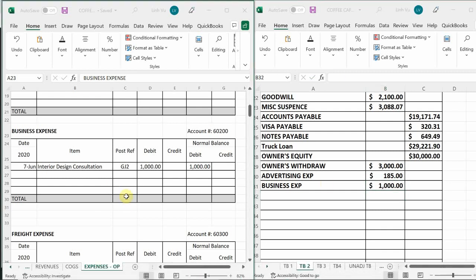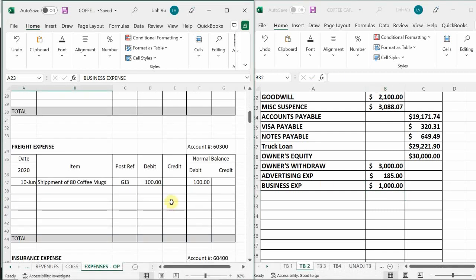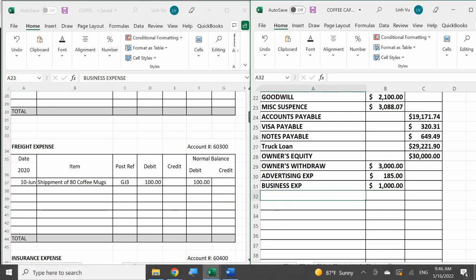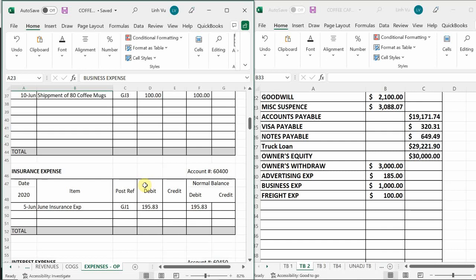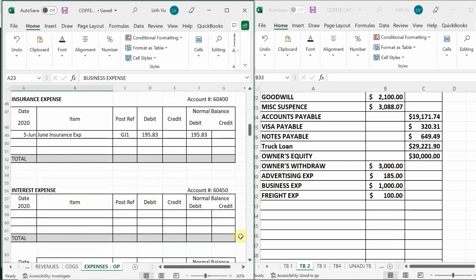Okay. We had a freight expense. We had to pay for shipping for the coffee mugs. For how much? $100.